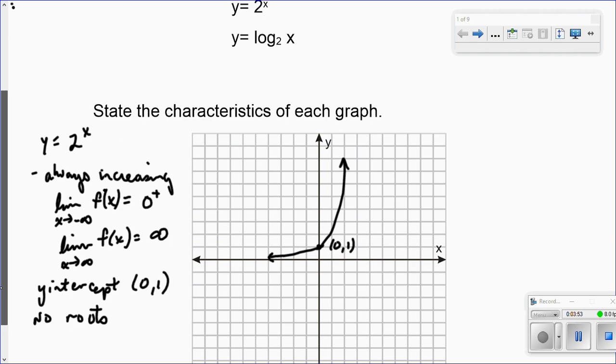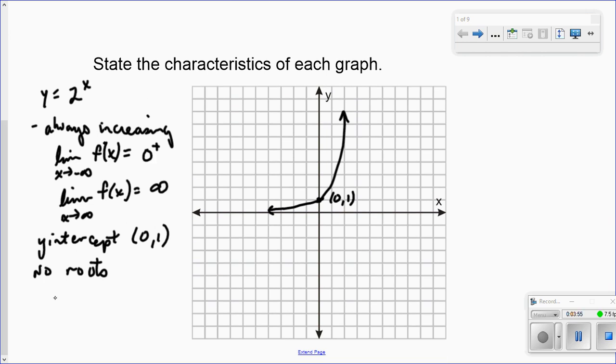Okay, and let's talk about the domain. My domain is continuous over the whole entire x interval, and my range goes from 0 to infinity.